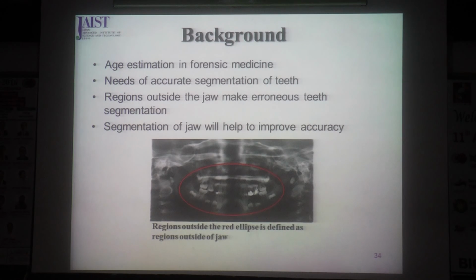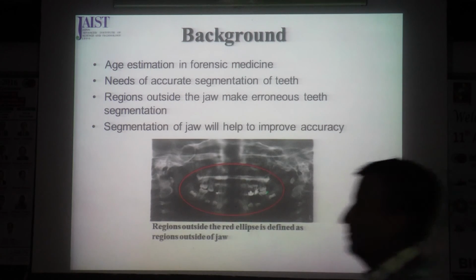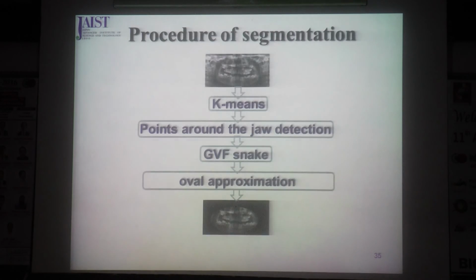So therefore, to improve the accuracy of detecting teeth, we would like to detect this oval area including the teeth. So what we do is to apply K-means clustering and detect points around the jaw, and after that we apply gradient vector flow snakes to finalize the position of the area including the teeth.